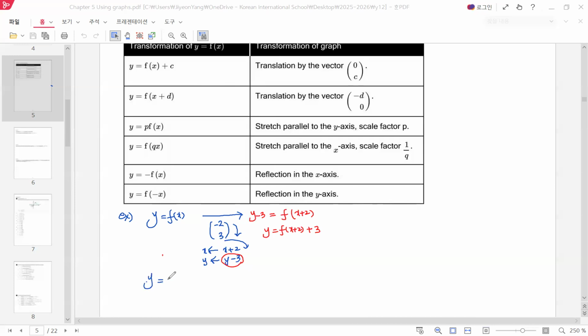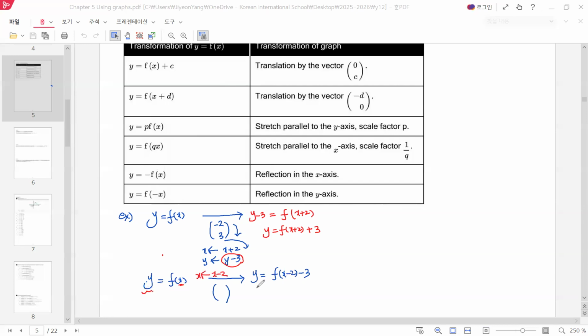There is the original function y equals f(x), and then the new function after translation by a certain vector is y equals f(x minus 2) minus 3. And then it looks like instead of x, it is written as x minus 2.